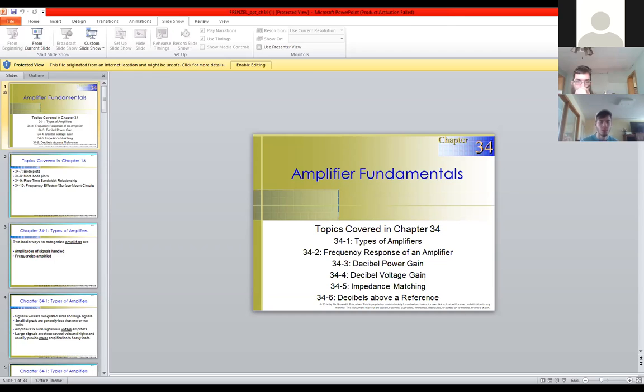A big thing we'll be looking at, here we go, is frequency response. A lot of times you'll be looking at a circuit and you'll see a graph of the voltage gain versus the input frequency. Basically that's a measure of how well the circuit is going to perform, and then we know what our limitations are.